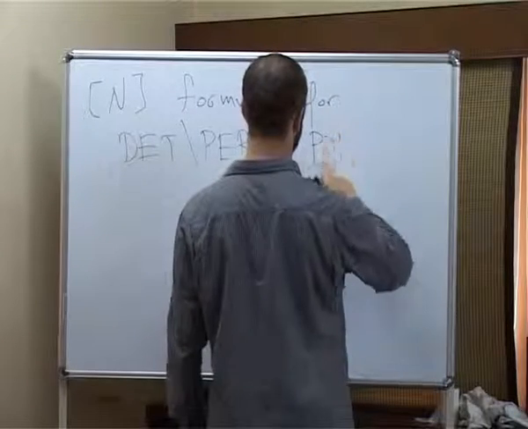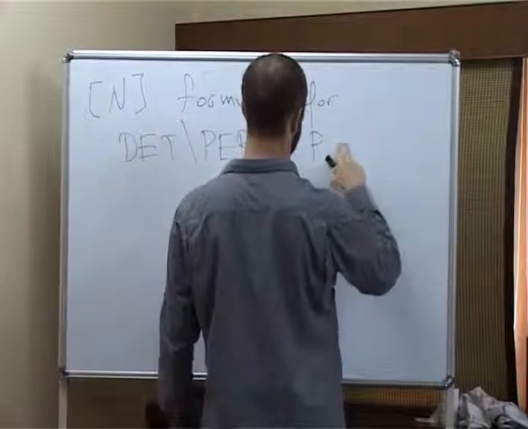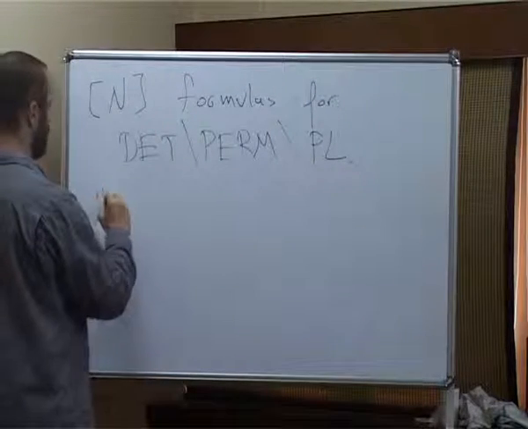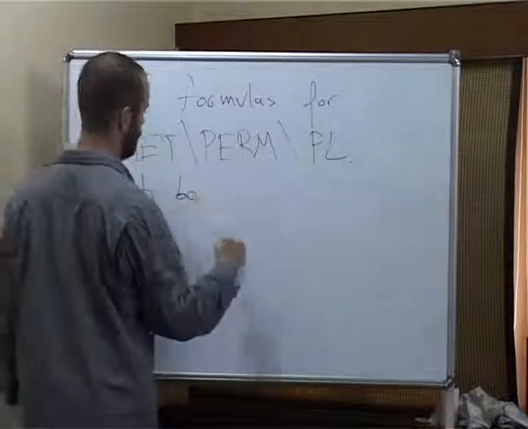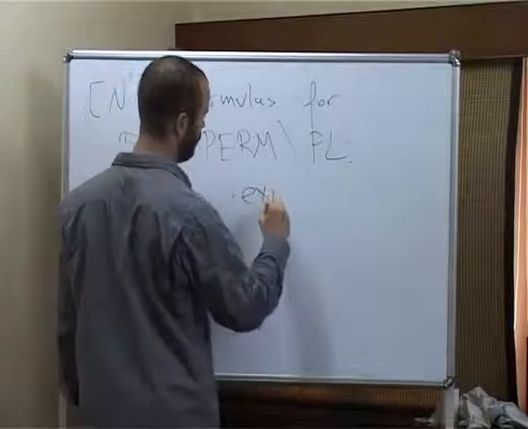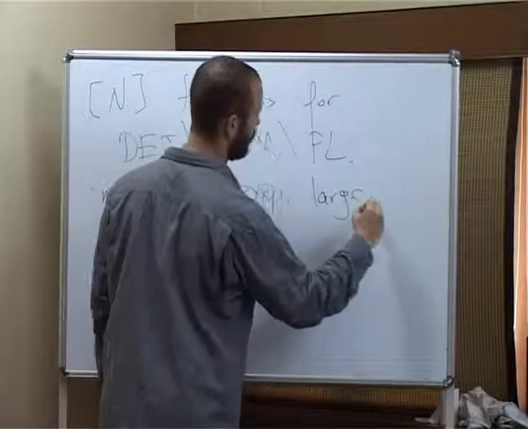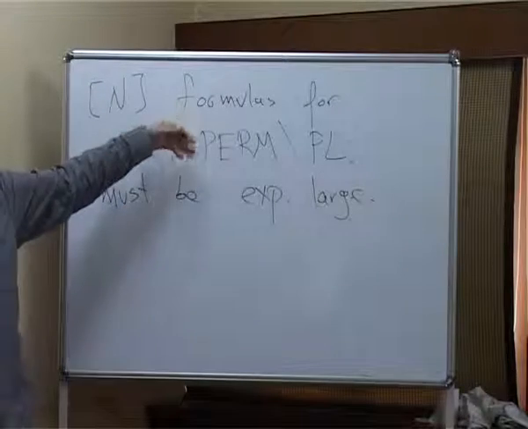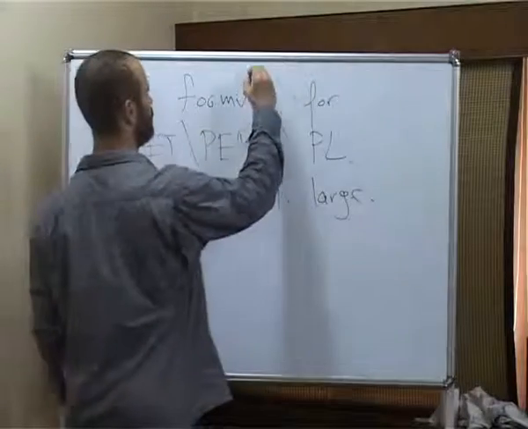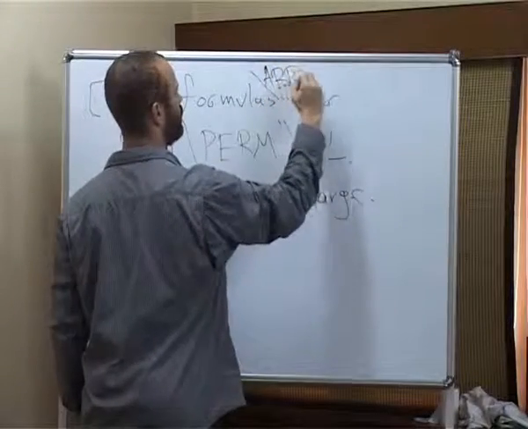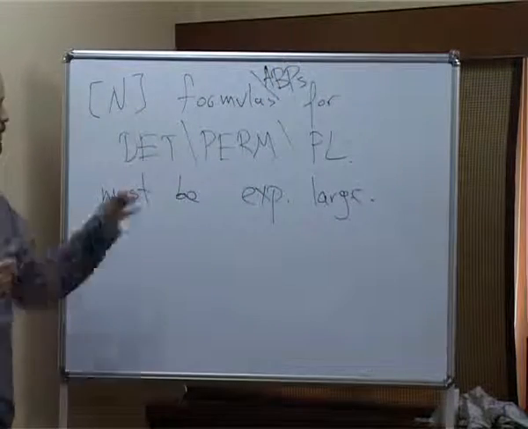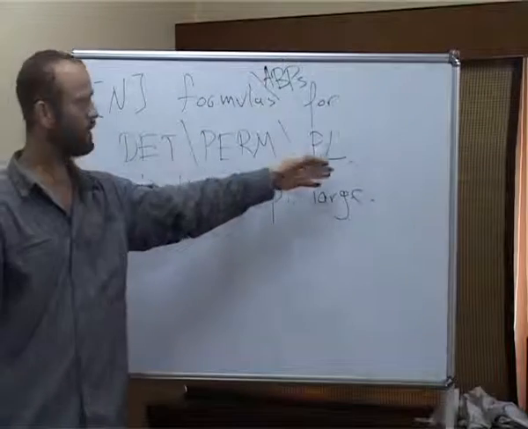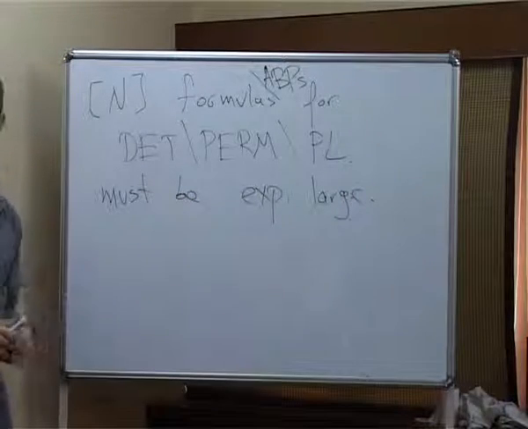It must be exponentially large. So he proved a lower bound for formulas or even branching programs that compute the determinant that we defined, and also another polynomial that I call the palindrome.